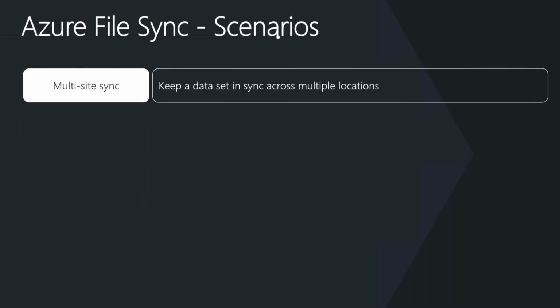So what are the scenarios that we see it used in most often? Multi-site sync. So you might have multiple remote locations that all need access to a similar set or the same set of files. So you can have your one file store out in Azure, and then multiple geographical local sets of the data.